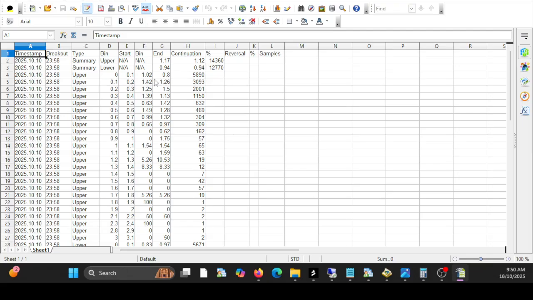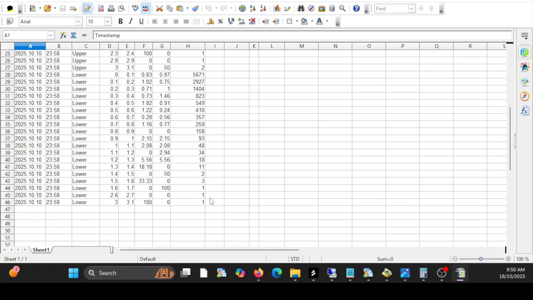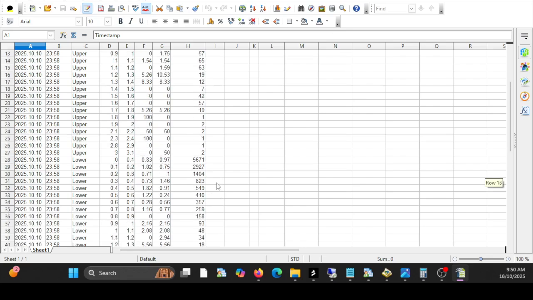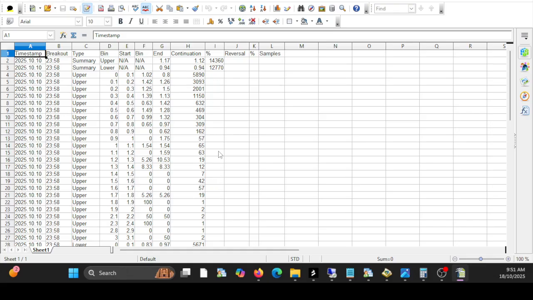The further away from the upper or lower bands, the fewer times it actually hits that number. So when we get down to these extremes, it's pretty much useless. So that's the data we collected.